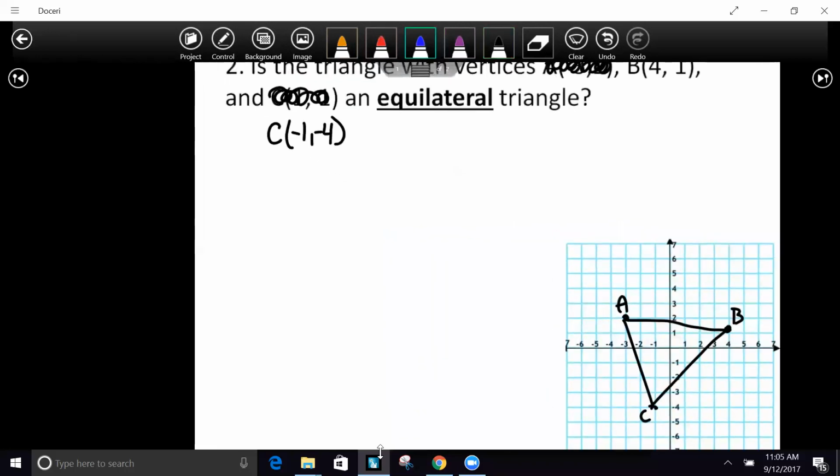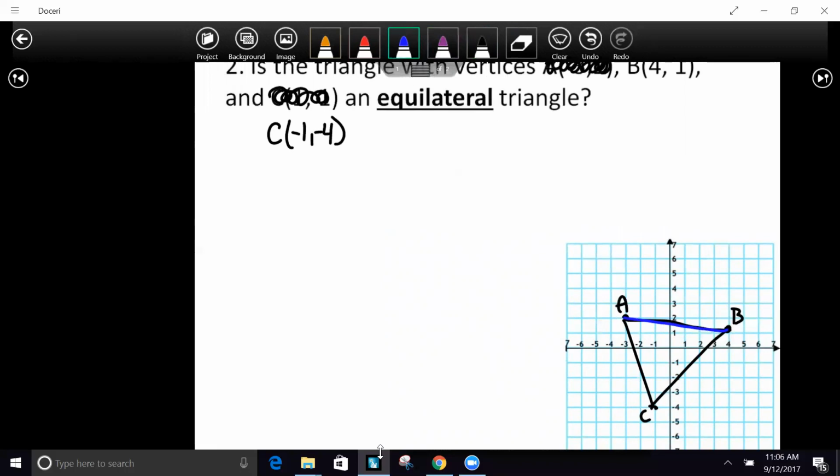We're showing the distance between A and B. Miss Hamilton, you're going home.